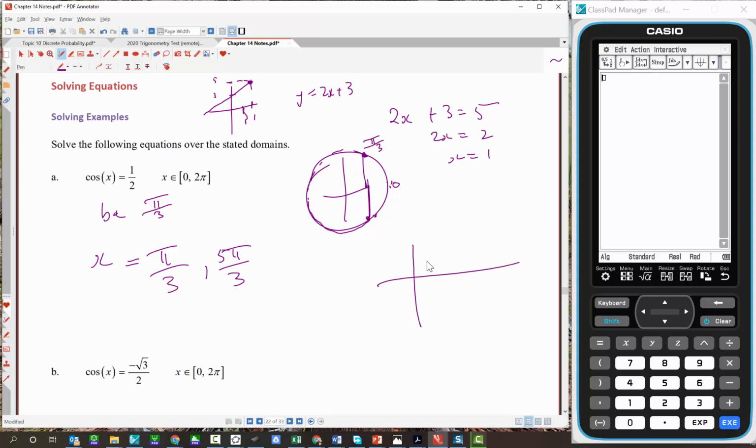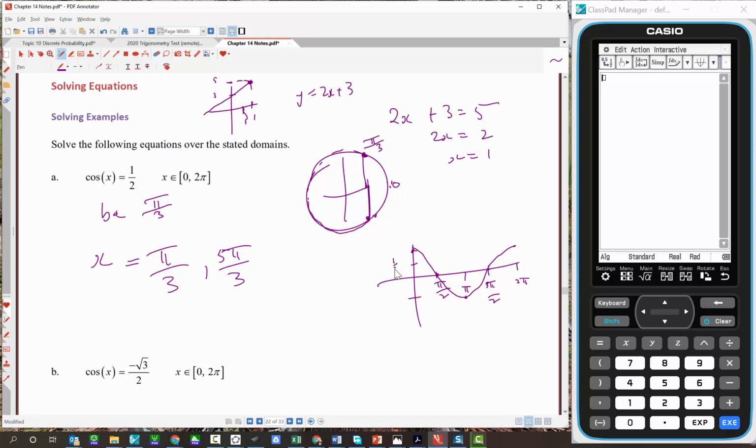Now again, graphically, I'll just show you what that looks like. So here is cosine, and it's pi on 2, pi, 3 pi on 2, and 2 pi. What cosine does, it starts high, goes down, and then back up again. So this is what cosine looks like. And we're saying, when does it equal a half?